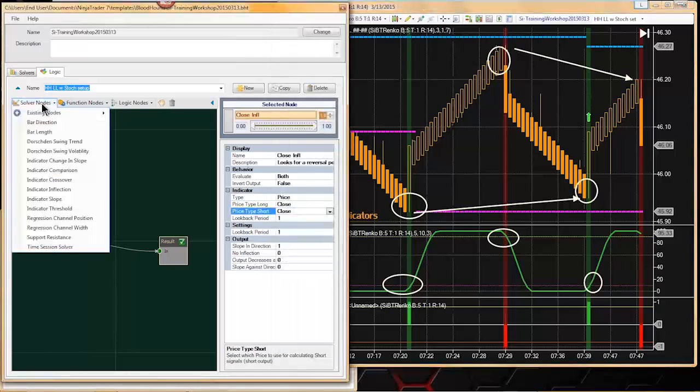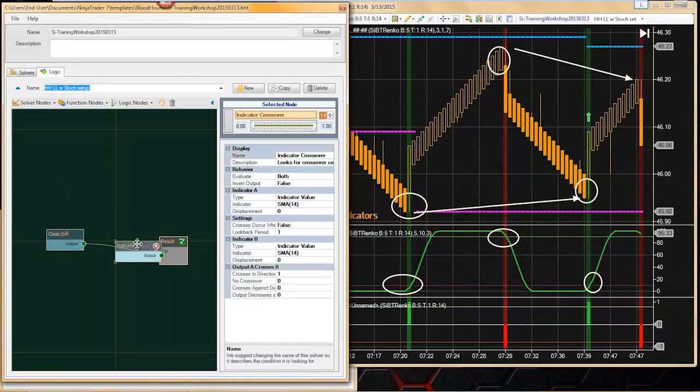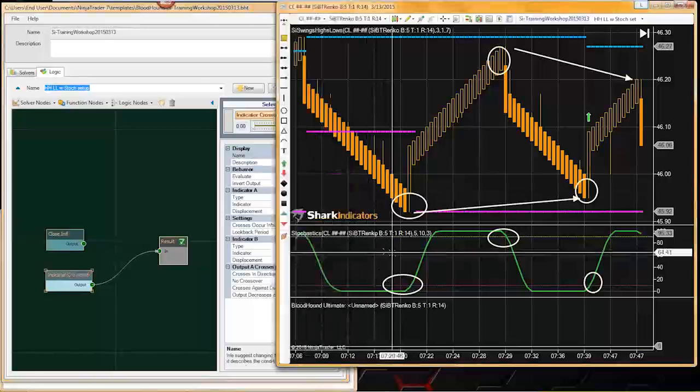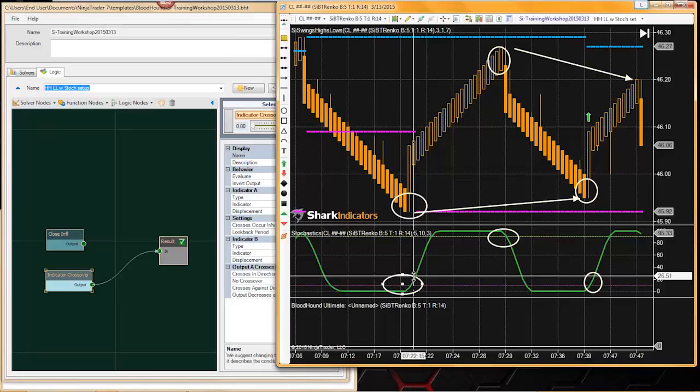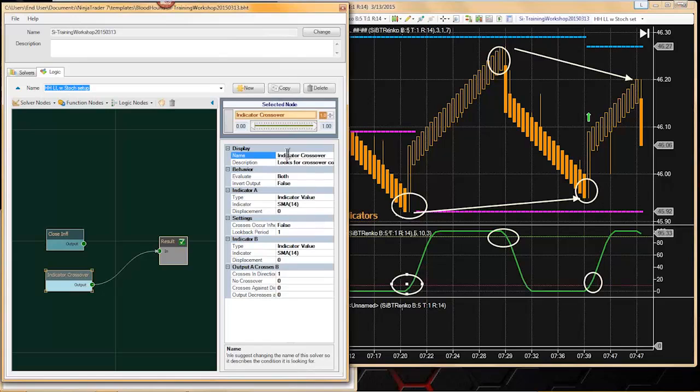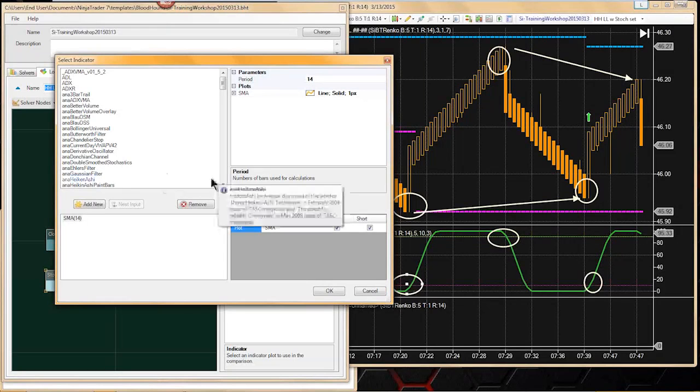And next, let's grab a crossover solver. And so the crossover will apply that to the stochastics here. So I'm going to set indicator A to our stochastics.